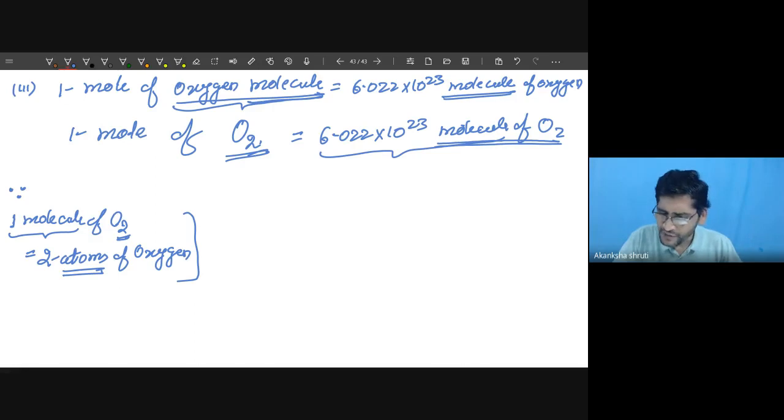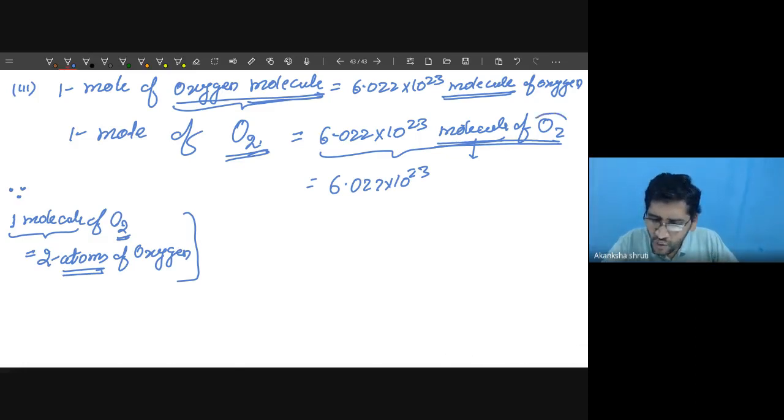Now here we have how many molecules of oxygen? 6.022 into 10 to the power 23 molecules of oxygen in 1 mole of oxygen. I can convert this molecule in terms of atoms. In place of molecule, if I want to use the term atoms of oxygen, then this O2 shall be written as O only.